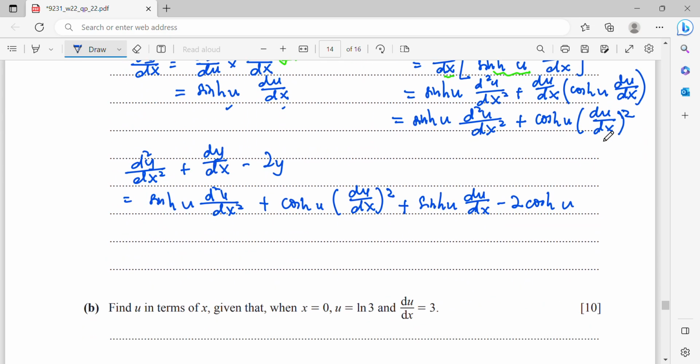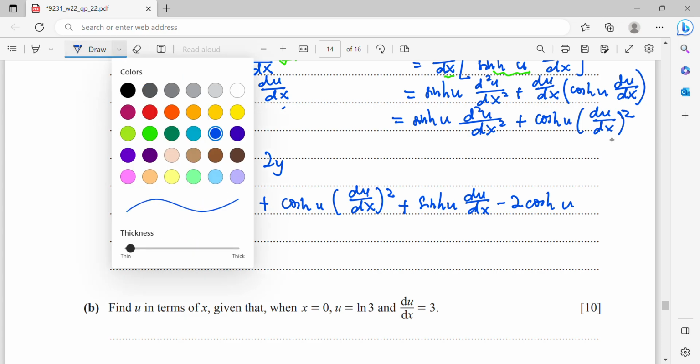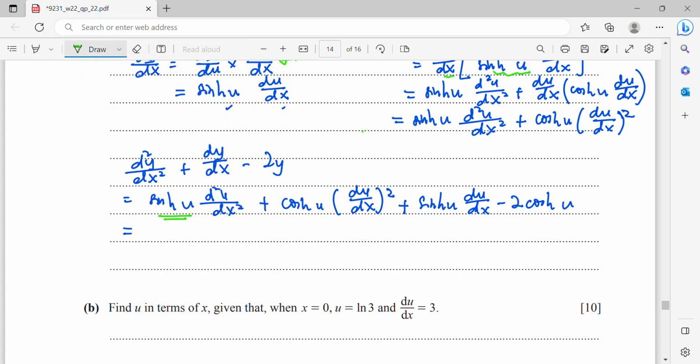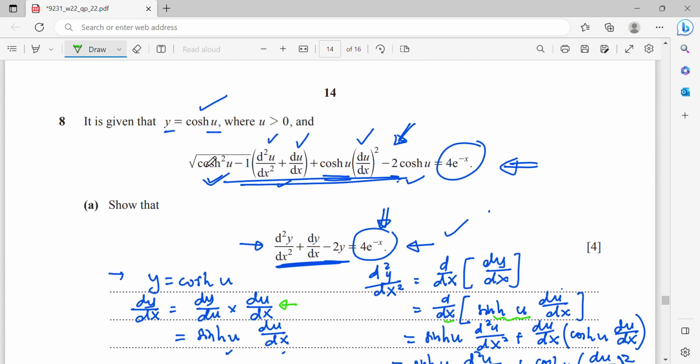Right, so now the first one I have sin u, and then I have d²u/dx². From here, you will notice that the sin u can be factorized, because what you need to prove here is the one with the square root of cos²u minus 1. This is basically the sin u. Then cos u, after that, the 2 cos u without the derivative term.